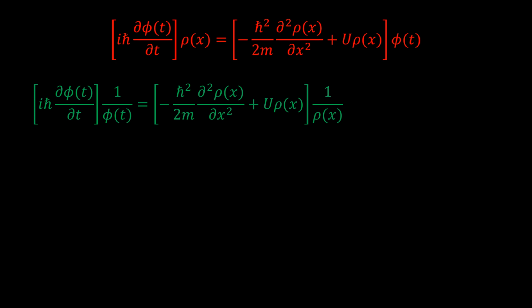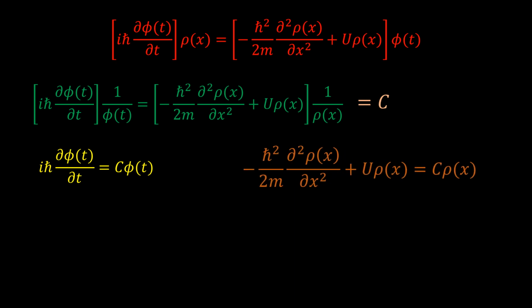Let's call that constant c. So, the left hand side is equal to this, and is called the time-dependent Schrodinger equation. And the right-hand side is equal to this, called the time-independent Schrodinger equation. Cross-multiplying leaves the equation in the following forms.